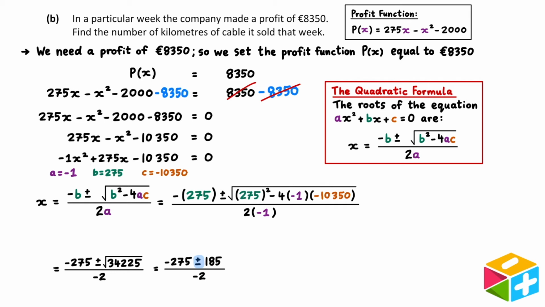The next step is to deal with this plus minus symbol. This means that we need to split into two cases. In the first case, we replace the symbol with a plus, and in the second case, we replace the symbol with a minus.